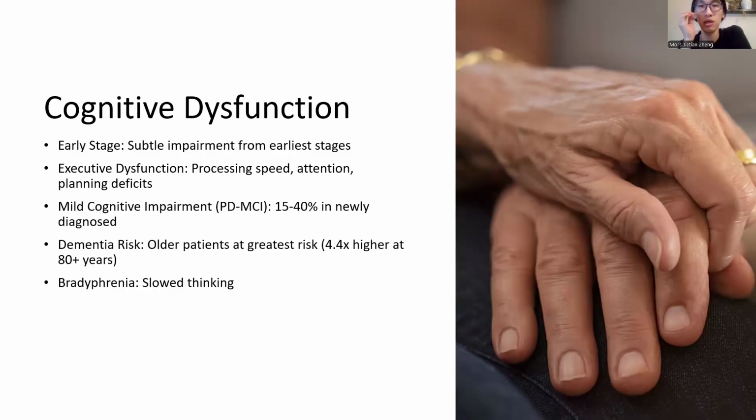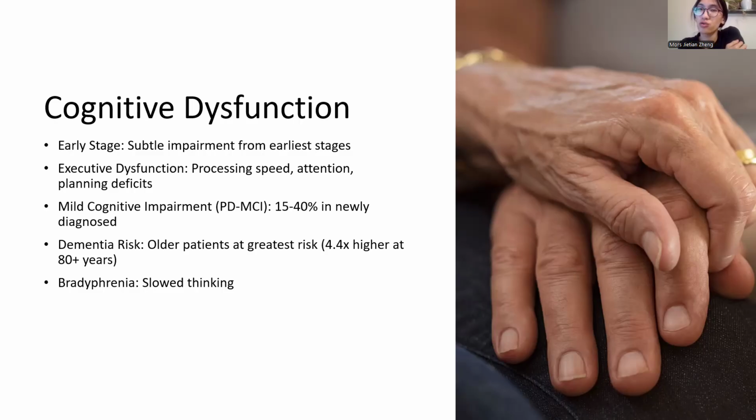Cognitive impairment is present from the earliest stages of Parkinson's disease, even before medication treatment begins. Most patients with early-stage Parkinson's demonstrate executive dysfunction: problems with cognitive processing speed, attention, set shifting, verbal fluency, planning, and abstract reasoning.